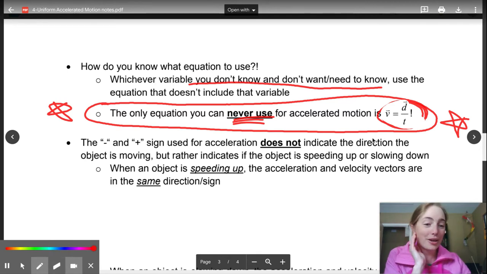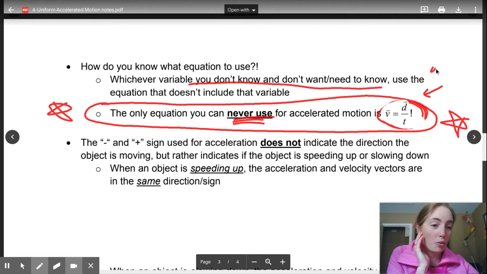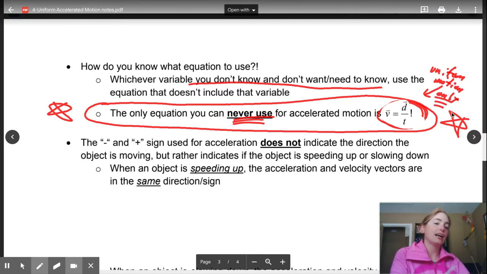This equation is for uniform motion only. Okay, that's for uniform motion only when we're not accelerating. So please do not use this equation with acceleration. Only use that equation for uniform motion scenarios. Okay, guys?